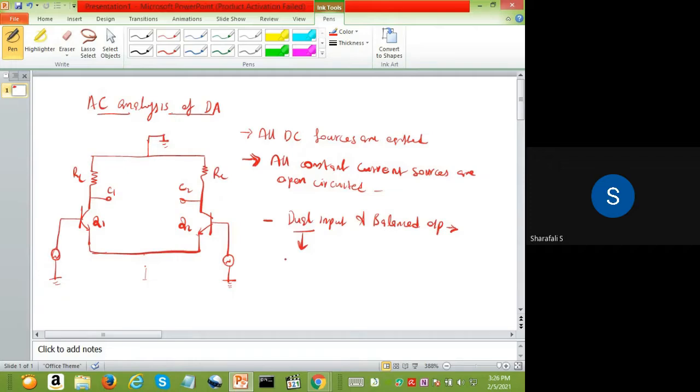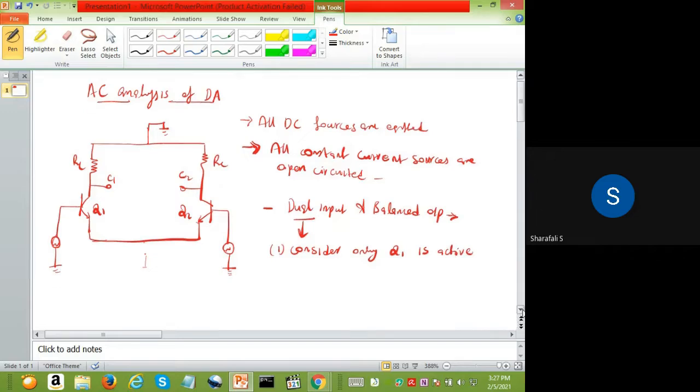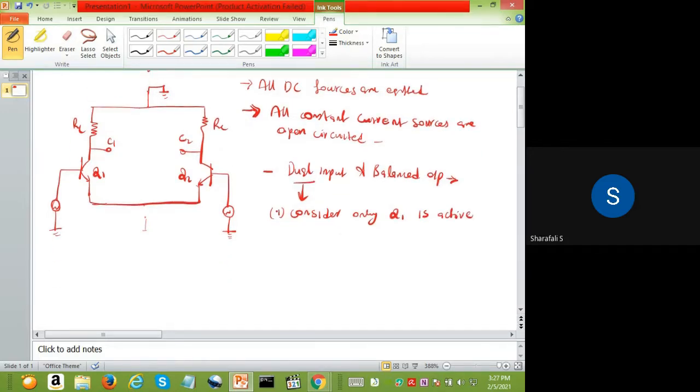Okay, first consider only Q1 is active. Means we are considering only this signal, and we are considering this is off now.